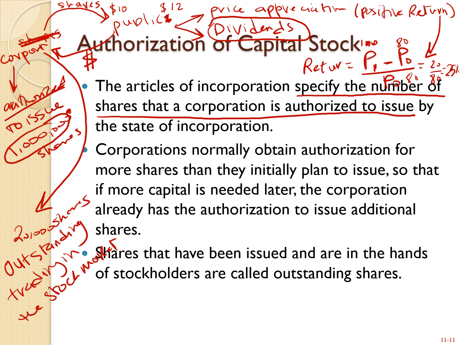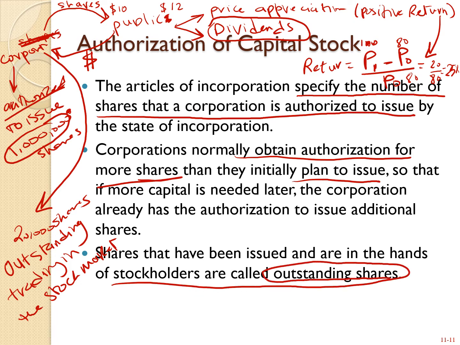And in most cases, this number will be much higher than the outstanding number of shares. Corporations normally obtain authorization for more shares than they initially plan to issue. Finally, shares that have been issued and are in the hands of stockholders are called outstanding shares. So outstanding shares are different from authorized shares. What we care about is the outstanding shares.